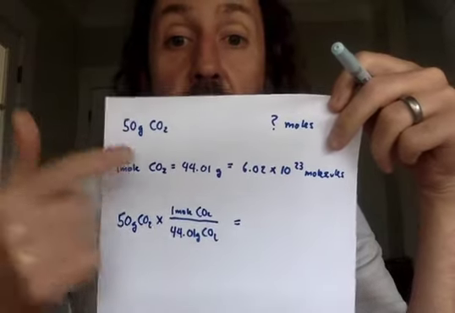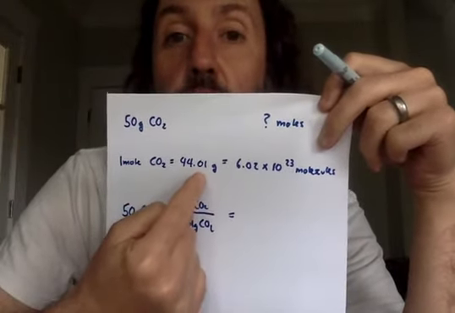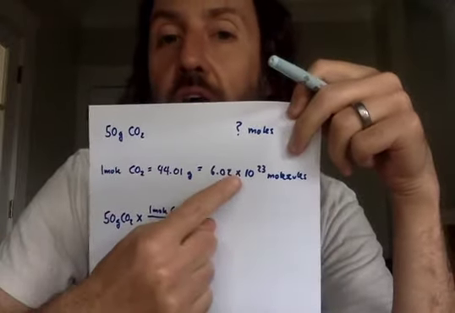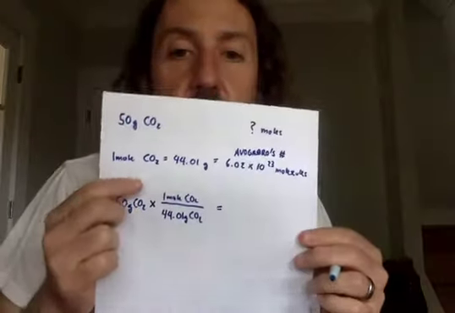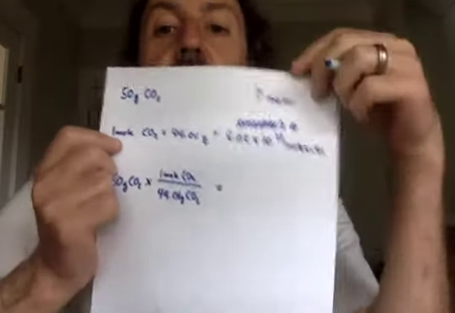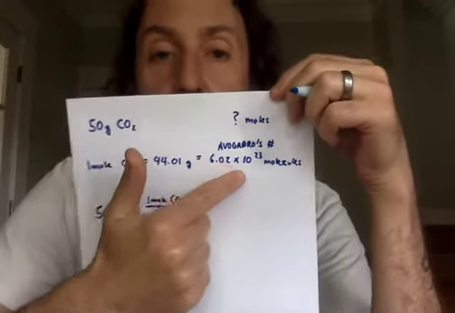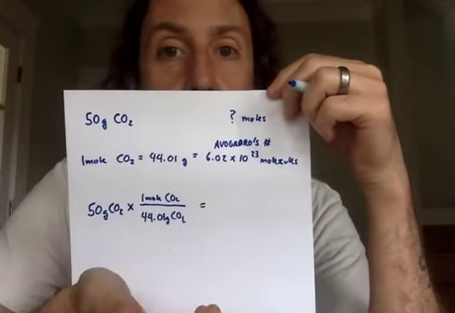1 mole of anything equals the molar mass, which we find from the periodic table, equals Avogadro's number. Here, I'll write that in. So this is Avogadro's number. You can make this for anything. 1 mole of water equals the molar mass of water equals 6.02 times 10 to the 23rd molecules of water.